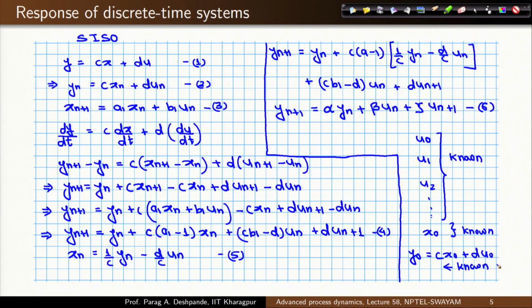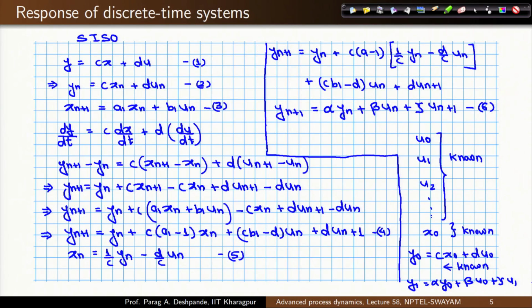And since u 0 is known, u 1 is known and y 0 is known, y 1 is equal to alpha times y 0 plus beta times u 0 plus gamma times u 1 is known, and therefore, in this manner we can propagate our system.